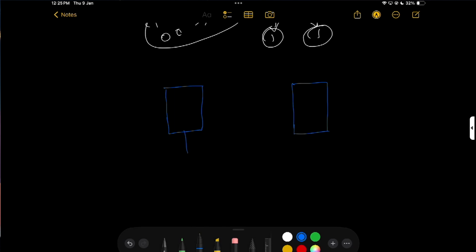Here is my clock, and here is my combinational delay. So this is flip flop 1, this is my D1, this is my Q1, this is my D2, and this is my Q2.